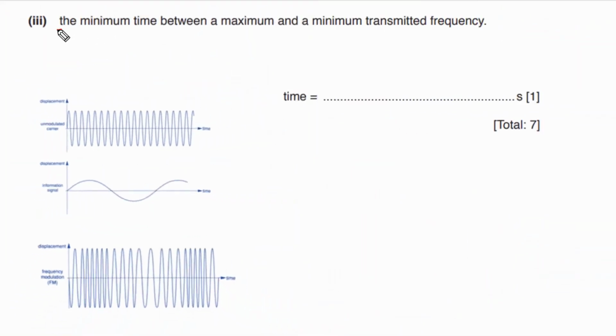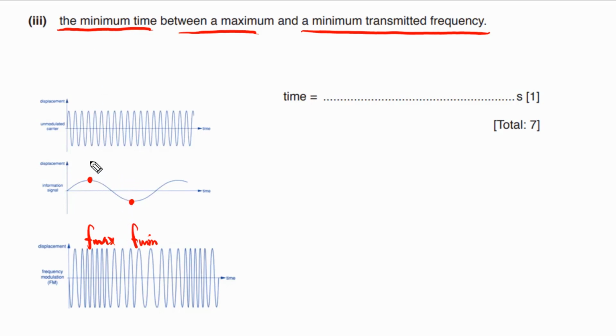The third part is simply asking us to calculate the minimum time between a maximum and a minimum transmitted frequency. If we look at the modulated carrier wave, we can see the frequency is maximum here and minimum here. Frequency is maximum when the amplitude is positive and minimum when the amplitude of the signal is negative.